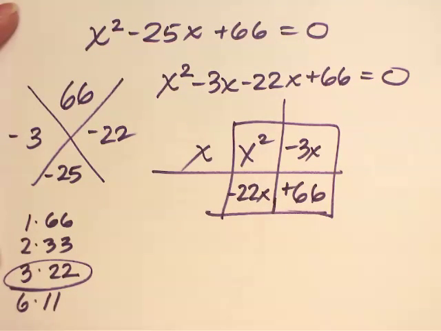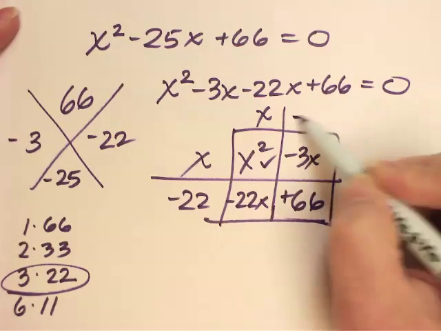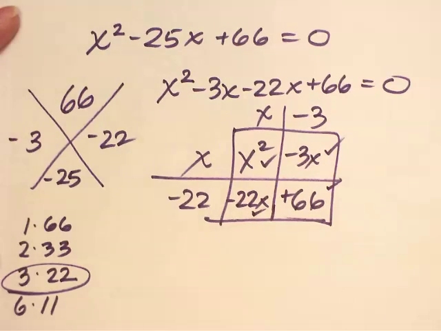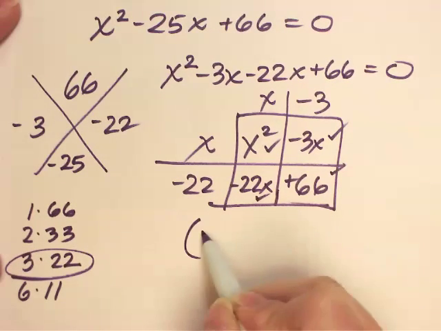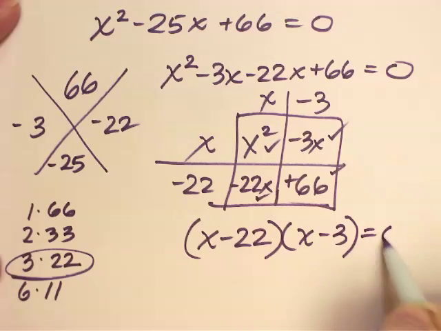I've got an x as my GCF here, and a negative 22. Now vertically, x times x is x squared. X times a negative 3 would be a negative 3x. And this works, negative 22x. Negative 22 times a negative 3 gives me a positive 66. So my factors are x minus 22 times x minus 3 equals 0.